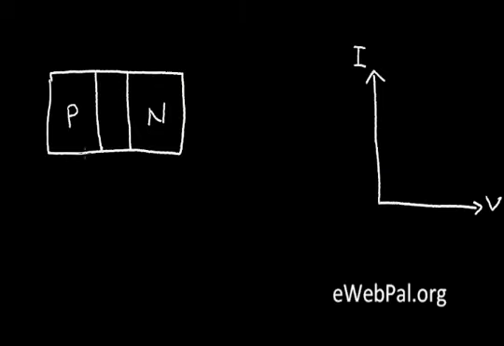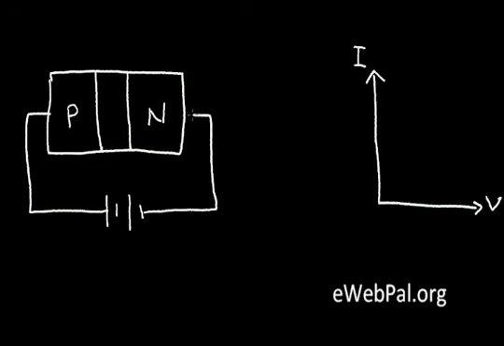Now let's analyze what happens in this PN junction when I apply an external voltage. So here I have a battery. I'm going to connect the positive terminal to the P region, and the negative terminal to the N region.